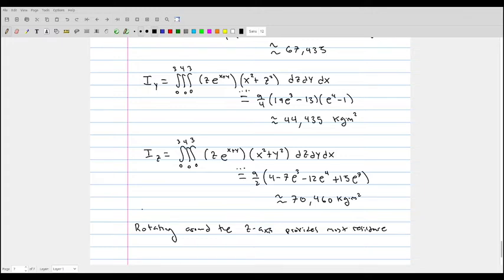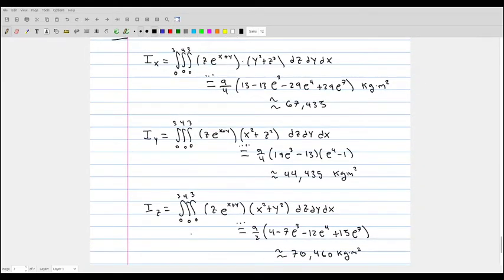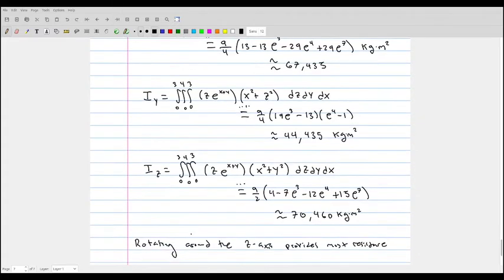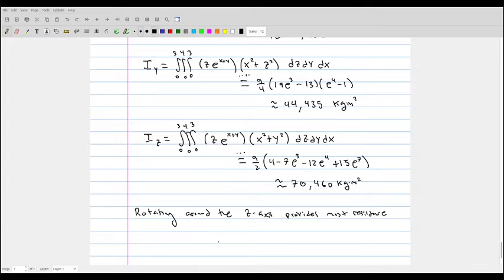So most resistance to rotation. With the x-axis not far off. The x-axis has a moment of inertia that's smaller than the z-axis, but it's not that much smaller. So the rotation around the x-axis is slightly less resistance.